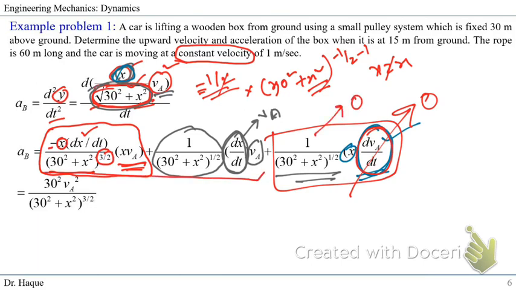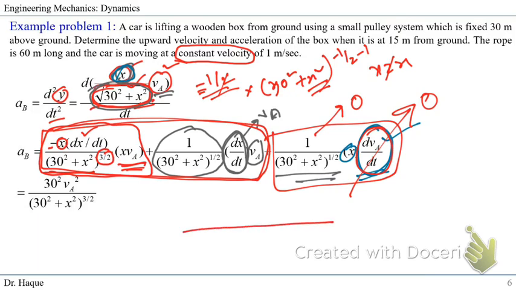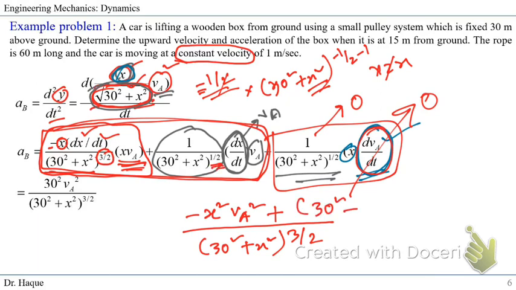So we are left with only these two terms, and what we have to do is mathematically simplify it. If we take the denominator as 30 square plus x square to the power 3 by 2, on top we will have x, and dx dt is VA, so x square VA square, and then there's negative, plus, since it is half, we have to have 30 square plus x square to balance it, so we'll have VA square.